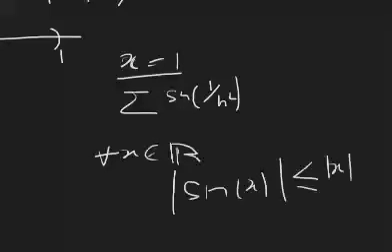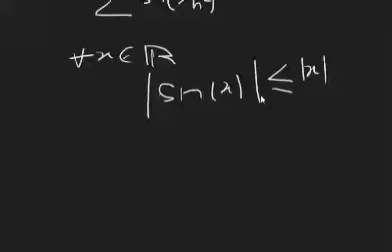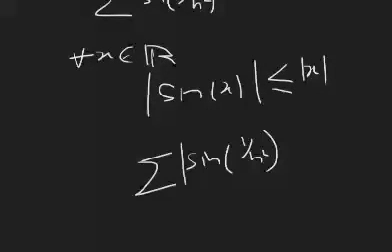From this property, the sum of sine of 1 over n squared is less than or equal to 1 over n squared.